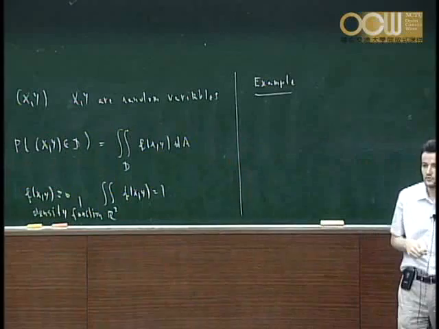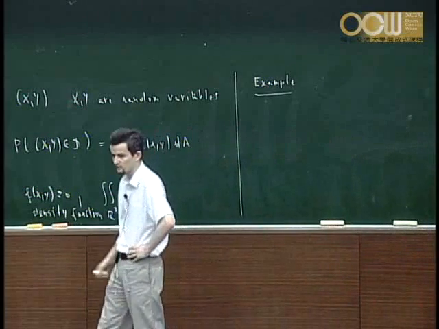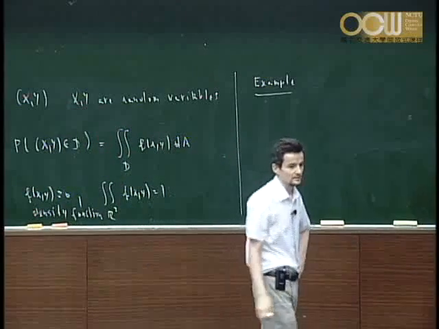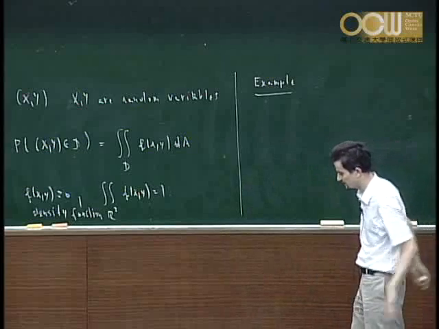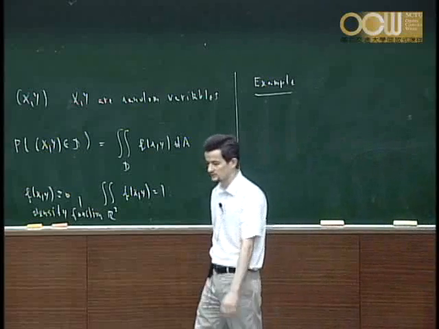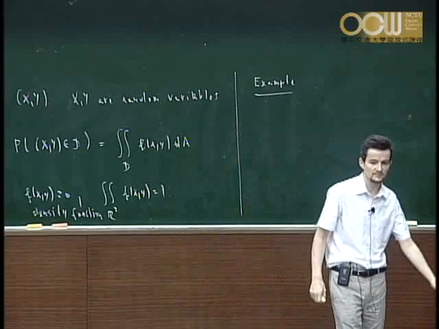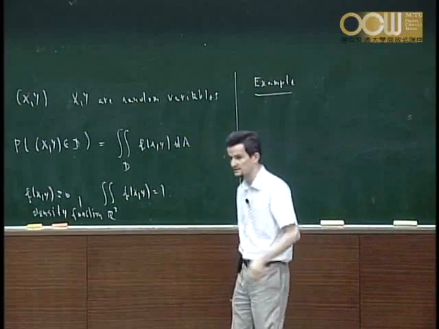Normally what you have to do first is queue up to get your ticket, unless you have bought it before, and then you have to queue up for the bus. And both times are random, because it depends on how many people are there. So let's say that queuing up for the ticket on average takes you 5 minutes, and queuing up for the bus takes you on average 10 minutes.